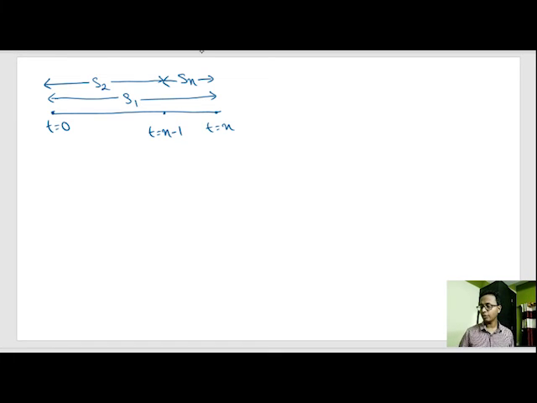Now Sn was S1 minus S2, or displacement up till time is equal to n, minus displacement up till time is equal to n minus 1. So Sn plus 1 would be this distance, from time t is equal to n to t is equal to n plus 1. Let this be S3, the displacement of the particle from 0 to t is equal to n plus 1.